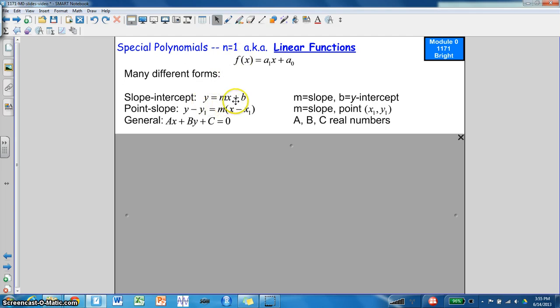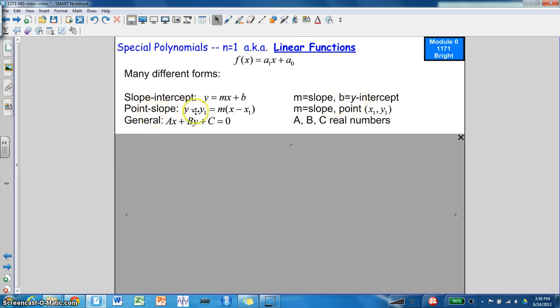That's y is equal to mx plus b. M represents the slope, and we'll talk about slope in just a minute. B we call our y-intercept, the place where it intersects the y-axis. So the y value is the b value, and the x value for that given point is 0.